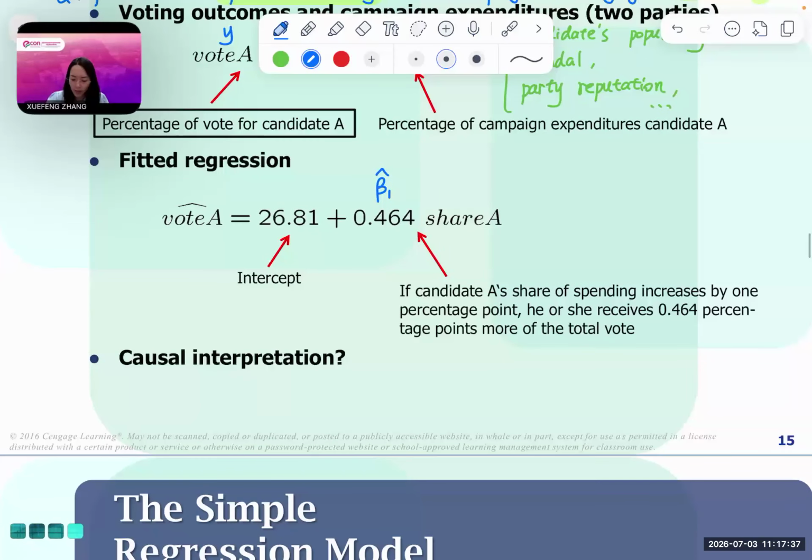So here, in a simple way, if X goes up 1%, Y, because it's positive, okay? So Y increases. How many percent? If X goes up 1%, Y goes up 0.464%.